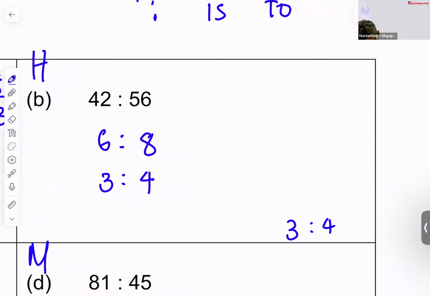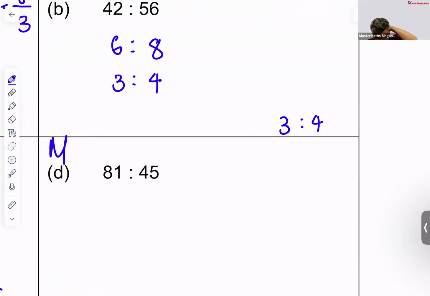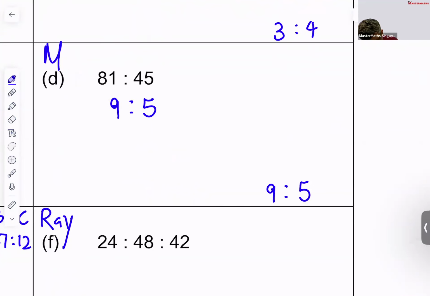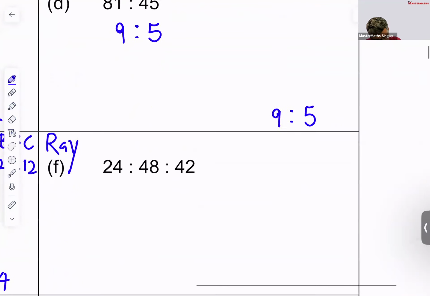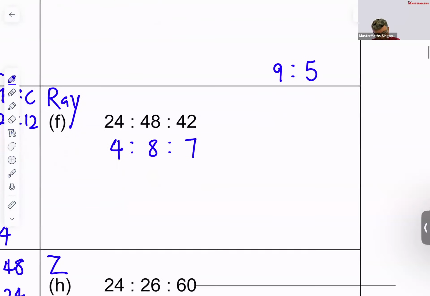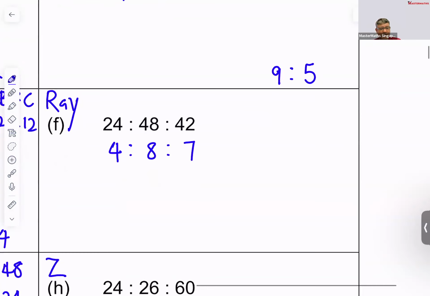3 to 4. Next one. Mia. 9 to 5. Good. Aryan. 4 to 8 to 7. Divide by what? 6. So this is your times table. You all don't know your times table? Okay lah. That's it. Your 1 mark is gone.